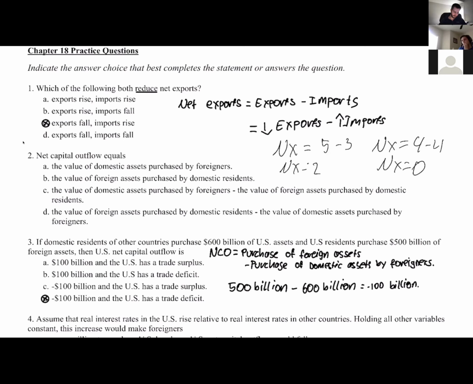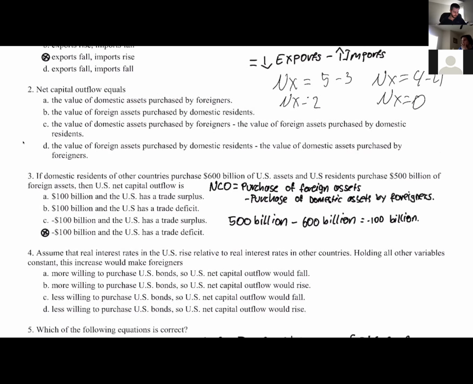So overall, NX decreases. Either decreasing exports or increasing imports will make this variable go down. Once you see that formula and think a little about it, it should not be too difficult of a concept, but it's a very important concept, because this is the only variable that's dependent on two inputs.